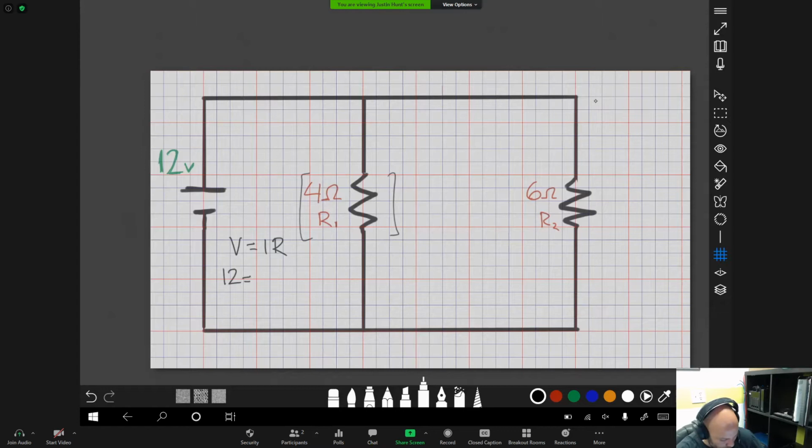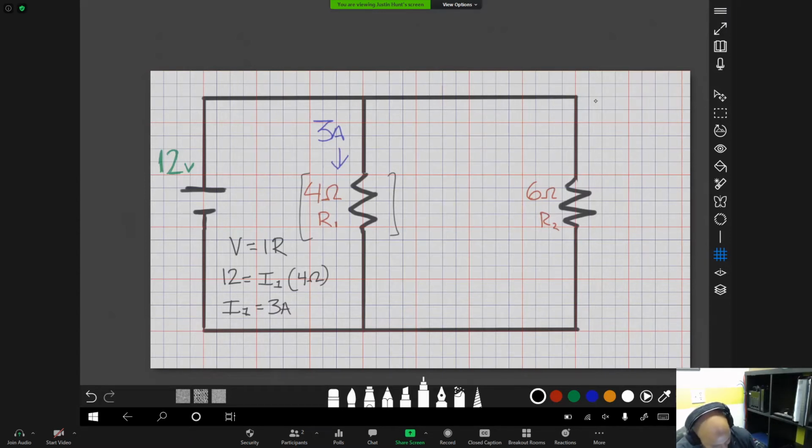We're trying to find the current, so we're going to call this I1 times the resistance, which is given to us. That's 4 ohms. Simple, simple. We'll call I1 is equal to 3 amps. And let's write that down so we don't forget this guy. So we've got 3 amps of current running down this resistor.